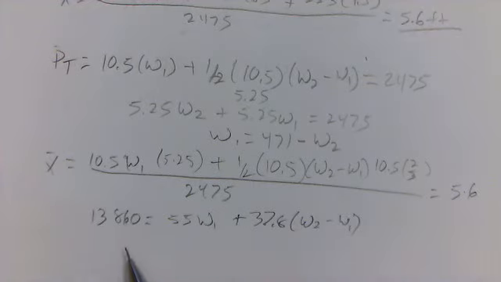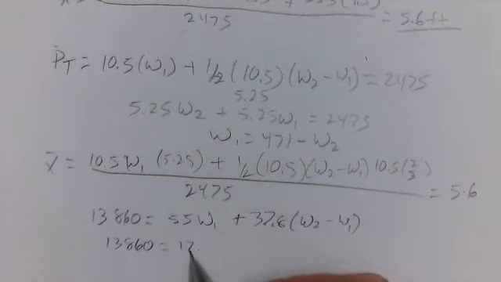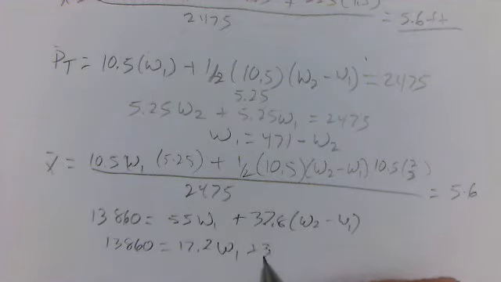Okay, now let's combine the W1s, and we get 13,860 equals 17.2 W1 plus 37.8 W2.